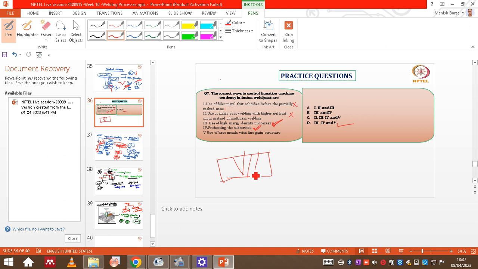Let's say if this is the heat affected zone and this is the partially melted zone, and if this is the fusion zone, then the temperature gradient will be different at each zone, right? If you remember, we have plotted this. So this is for the fusion zone.